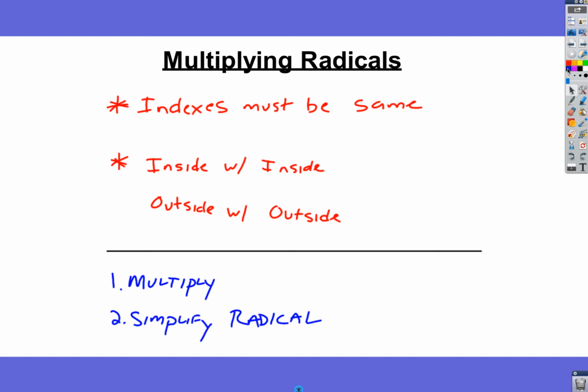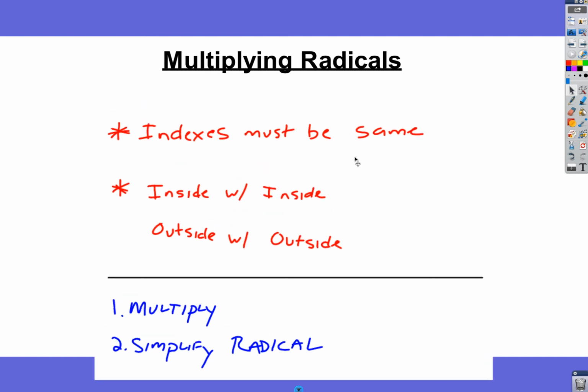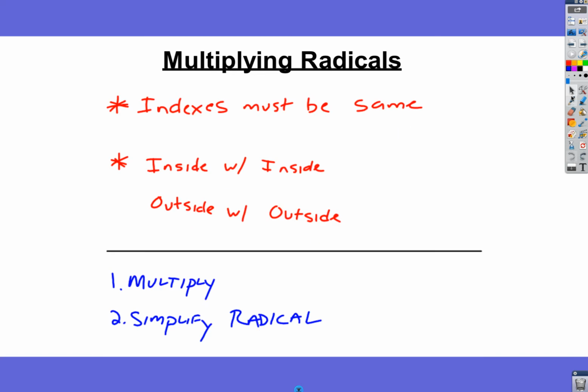Now we're going to multiply inside with inside, which if you want to use fancy words, we can call that the radicand. But then we're also going to multiply the outside with the outside. Those are those coefficients.